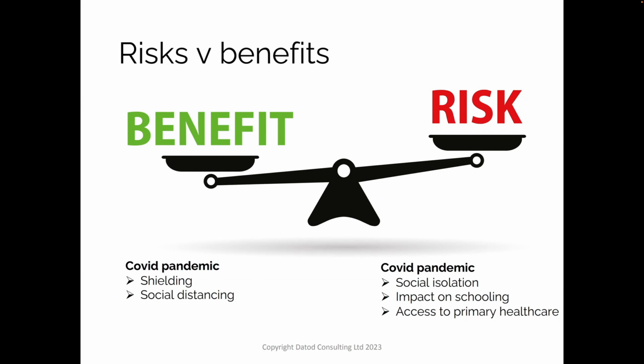So again, this balance between risk and benefit is apparent with any activity where you want to make a change. There's obviously a degree of risk, but you're making that change for a degree of benefit and opportunity.